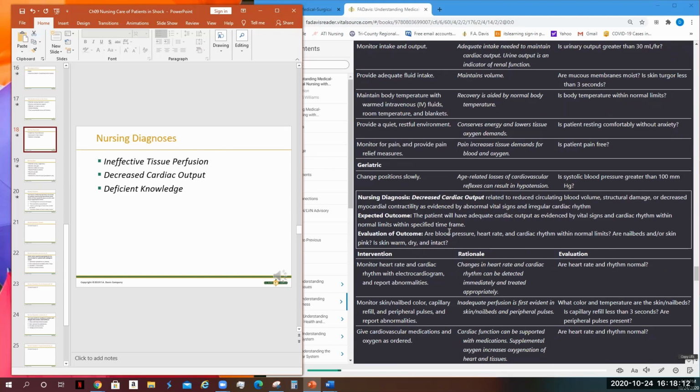Age-related losses of cardiovascular reflexes can result in hypotension. Is systolic blood pressure greater than 100 millimeters Hg, mercury?